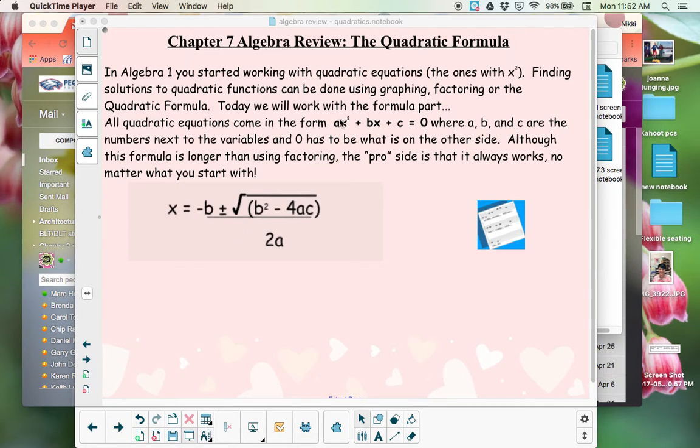As long as you take the a value, which is the number next to the x squared, put your b value, which is the number next to the plain x, those go there, and then your c value is your plain number that doesn't have any variable next to it, that goes there. And then you just take out your a, b, and c values and plug them into the formula where they belong. Let's try some examples of those.